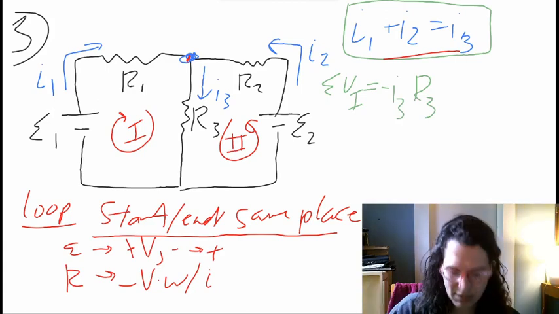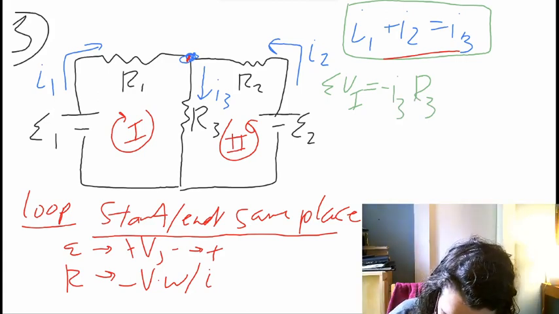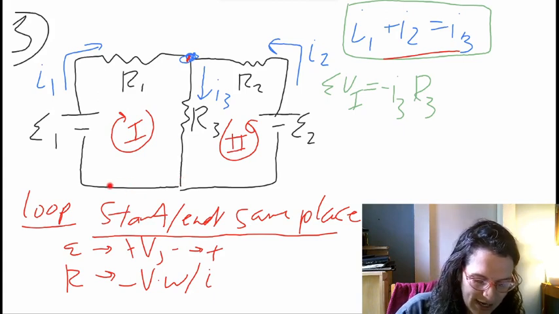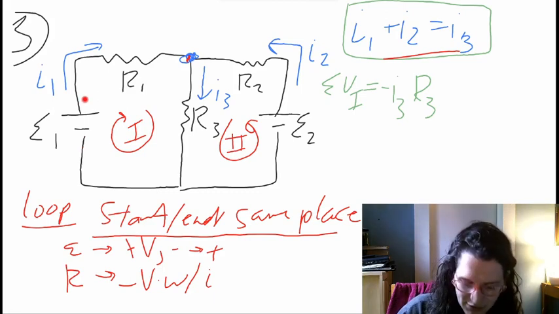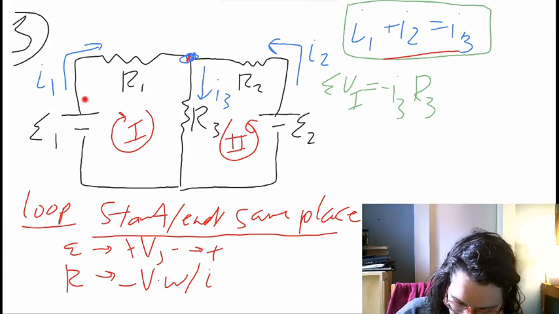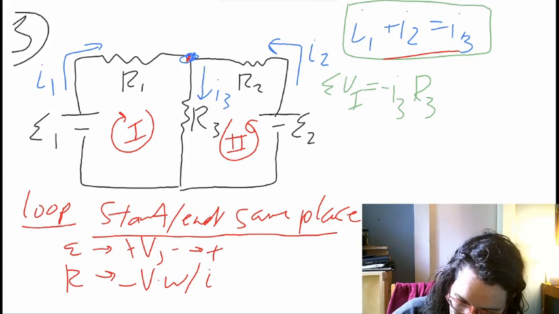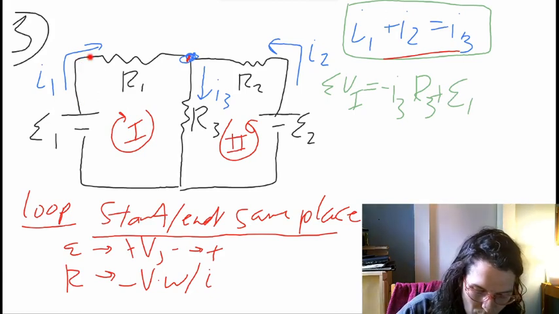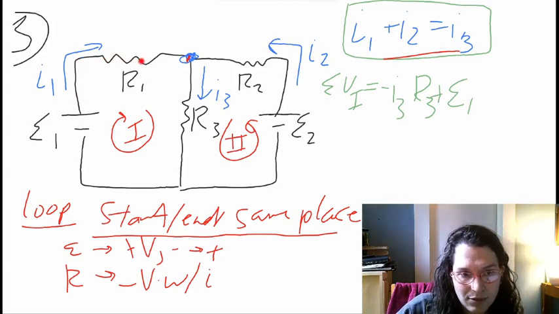Nothing happens down here. And then I go up through epsilon 1 from the negative terminal to positive terminal. If I go negative terminal to positive terminal, then I have to add in that epsilon 1. And then I continue along and I go with the current I1 through R1.